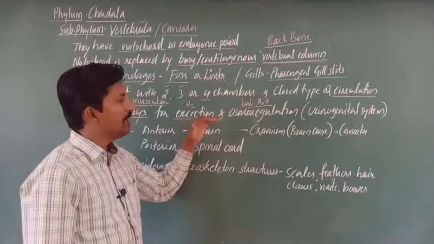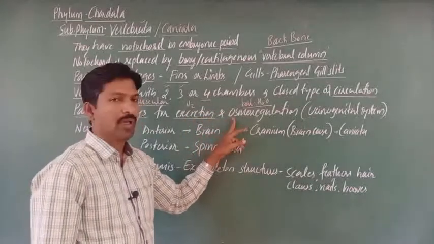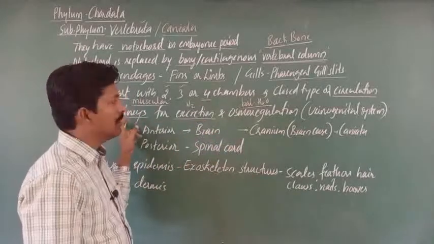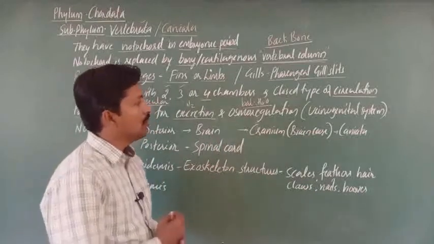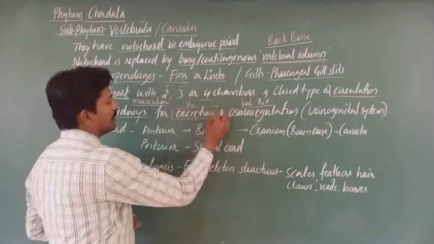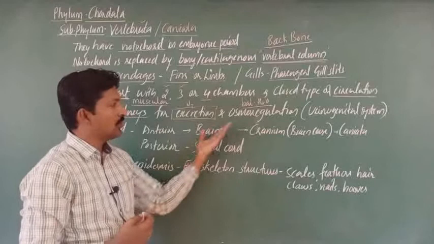That will be regulated in an adequate amount, which is what we call osmoregulation, and it is also done by the kidneys. The details of osmoregulation we will discuss in the physiology part, right. So the excretory system does the excretion, along with osmoregulation.